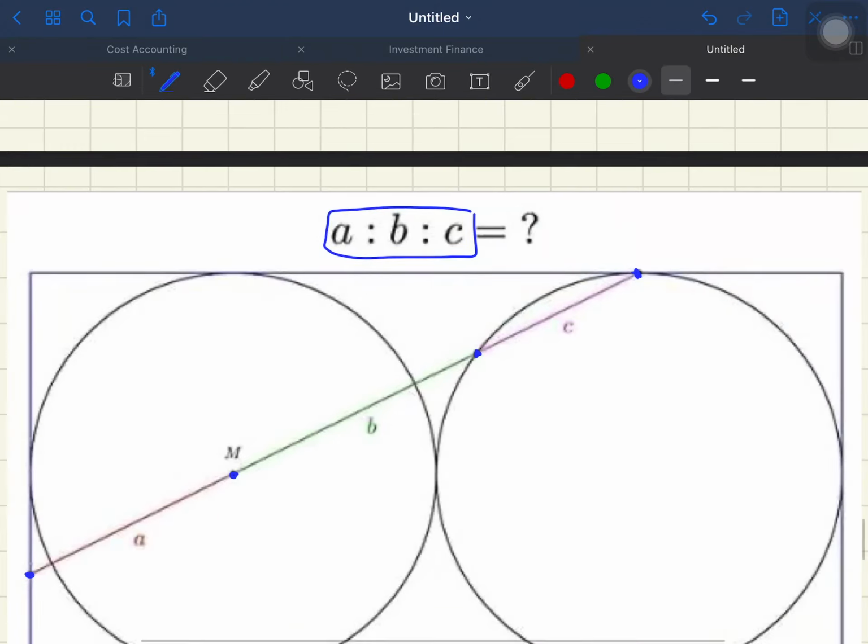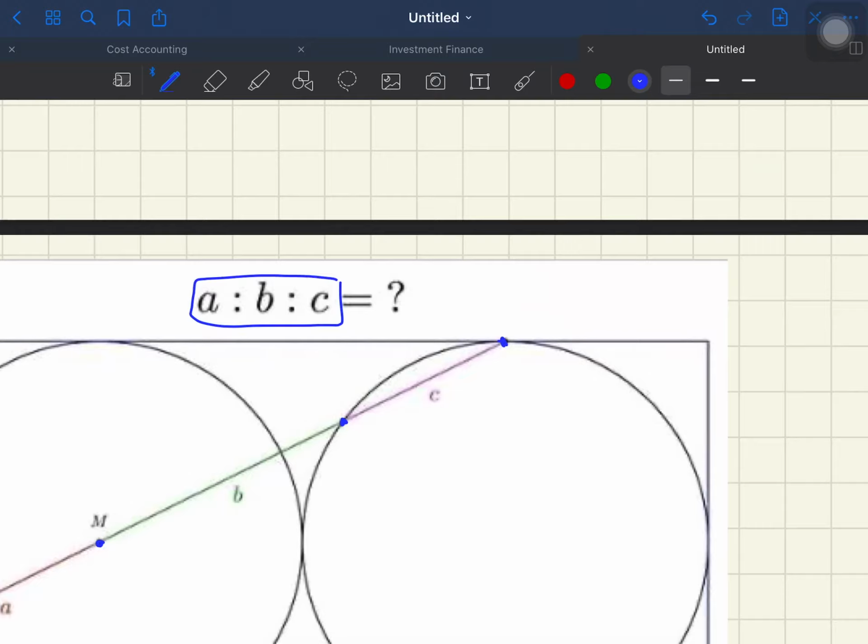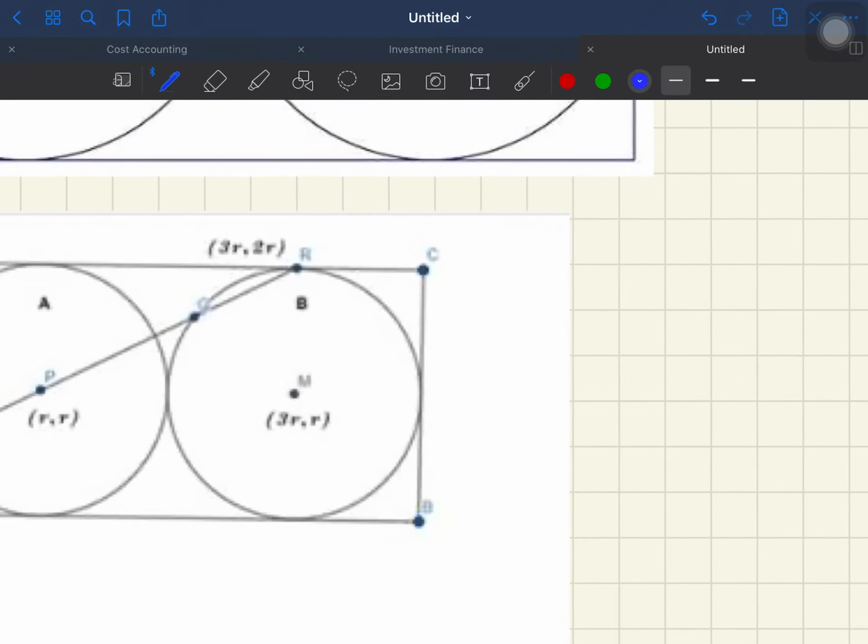Now, the section formula, which is something like this. When you have a line, for example, like this, and the line consists of 3 points.